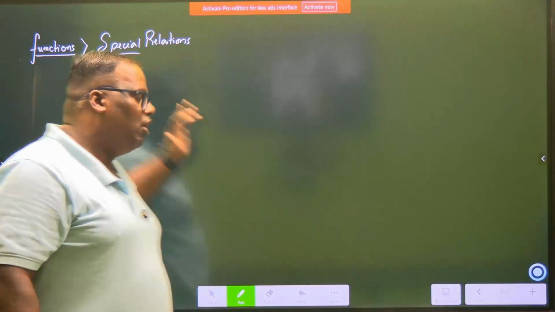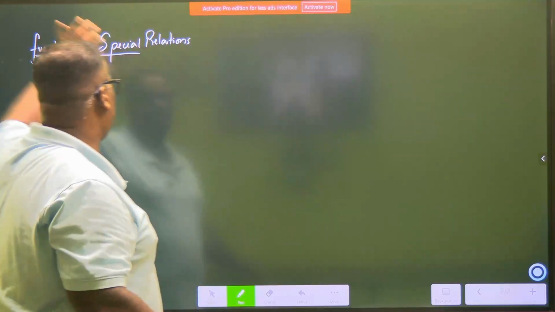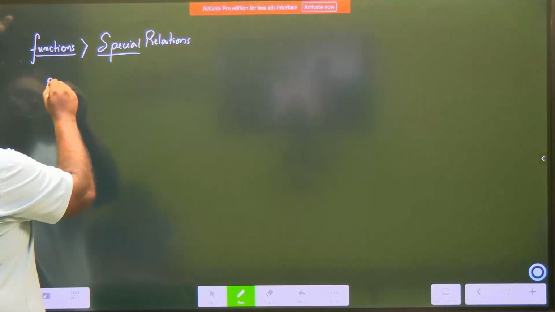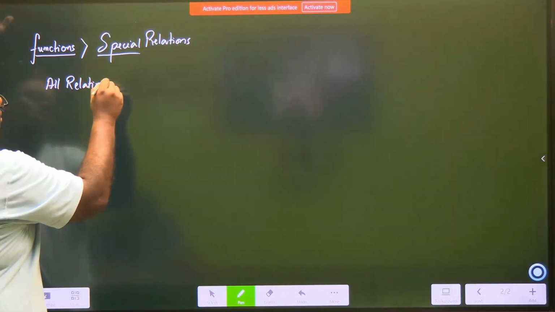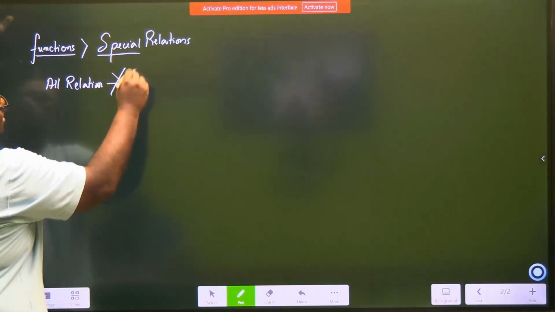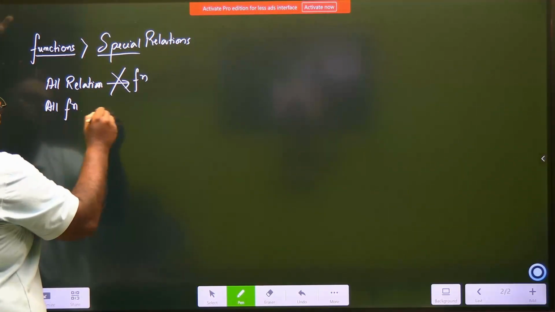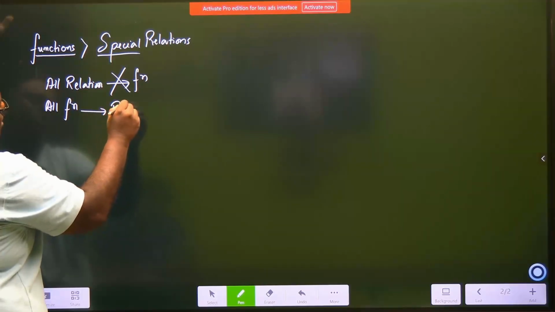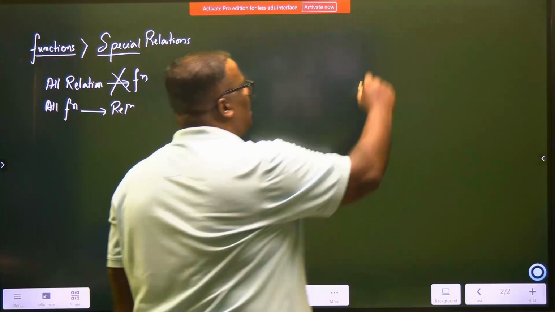That means a function itself becomes a subset of relation. So from this we get to know that all relations need not be functions. However, all functions will definitely be relations. This is clear? Now let's see in layman's language.